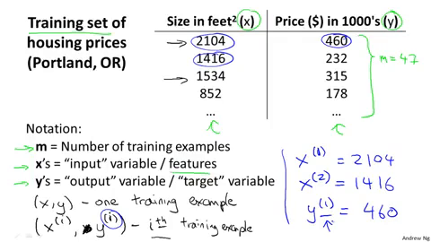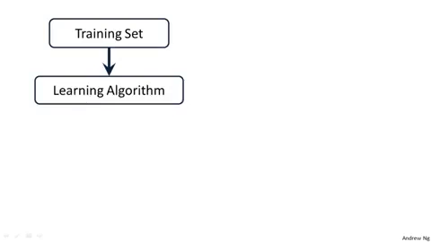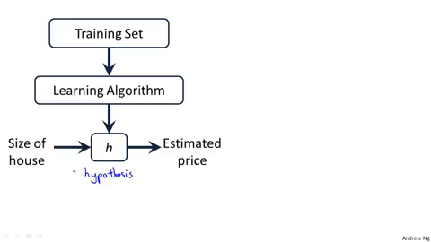We've defined what a training set is, and so here's how a supervised learning algorithm works. We start with a training set, like our training set of housing prices, and we feed that to our learning algorithm. It's the job of a learning algorithm to then output a function, which by convention is usually denoted lowercase h, and h stands for hypothesis. The job of the hypothesis is to be a function that takes as input the size of a house, like maybe the size of a new house that your friend is trying to sell.